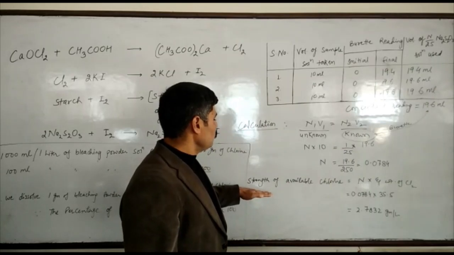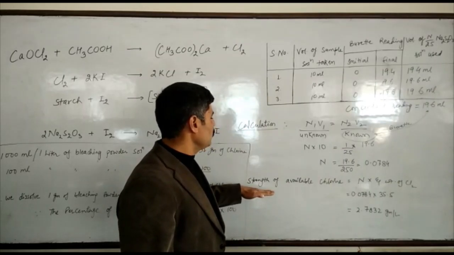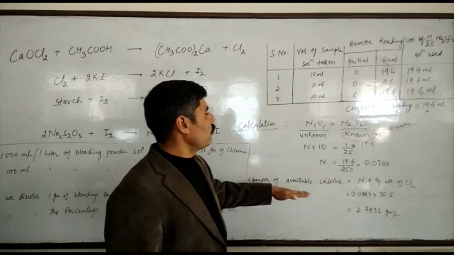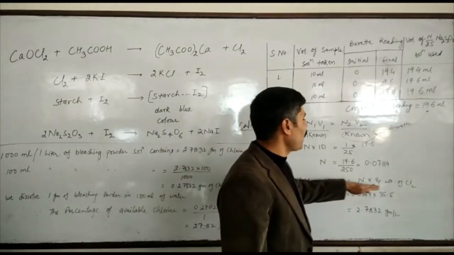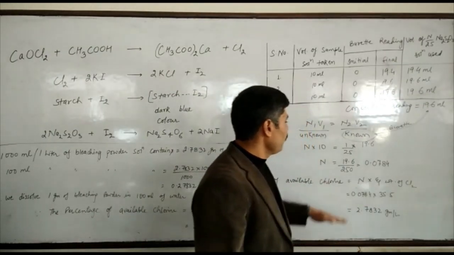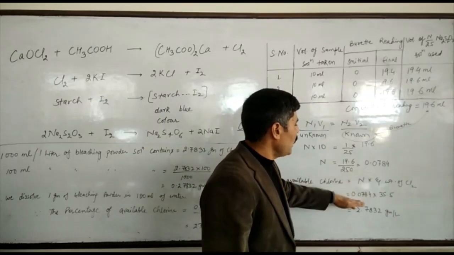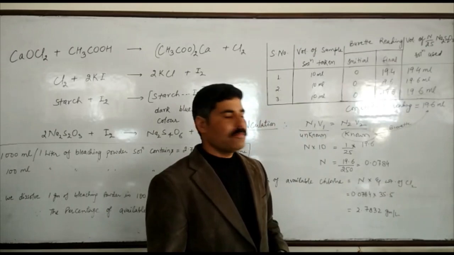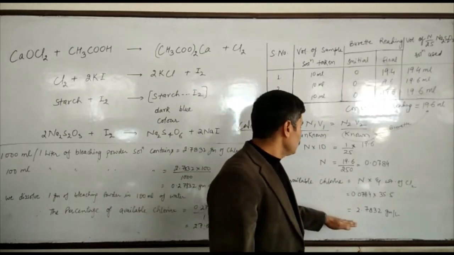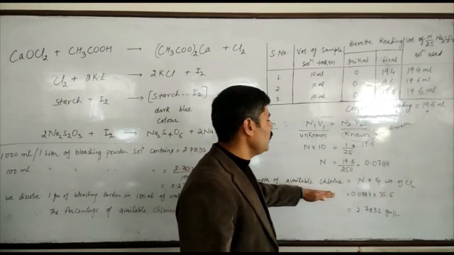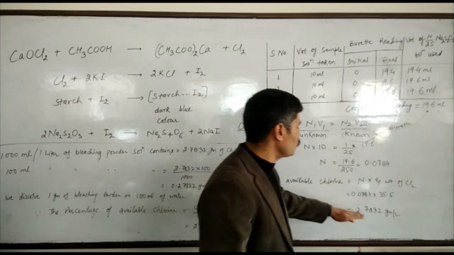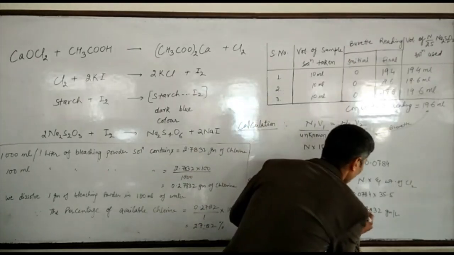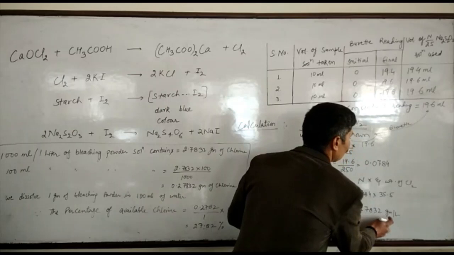Now the formula for the strength of available chlorine is normality multiplied by the equivalent weight of chlorine. Normality is this, and the equivalent weight of chlorine is 35.5. After calculating, the strength of available chlorine in the given sample solution is 2.7832 gram per liter.